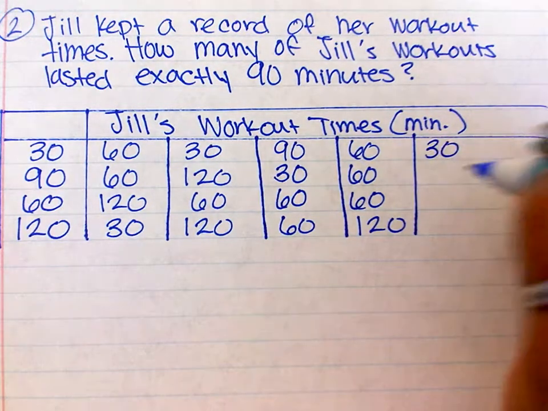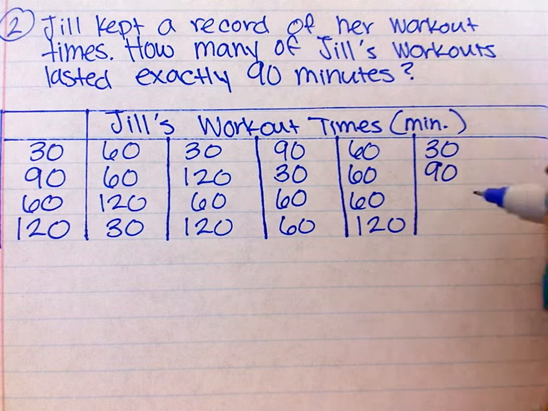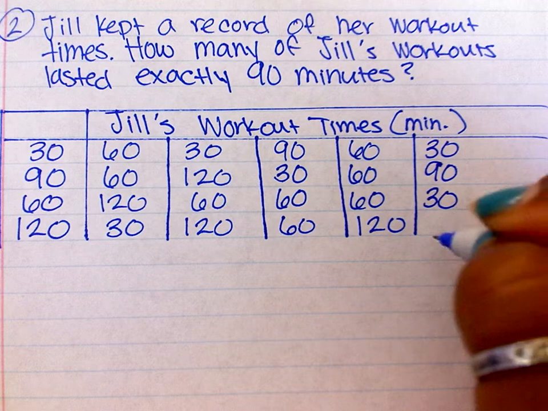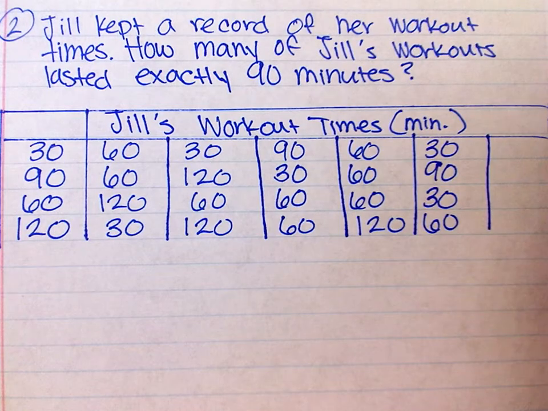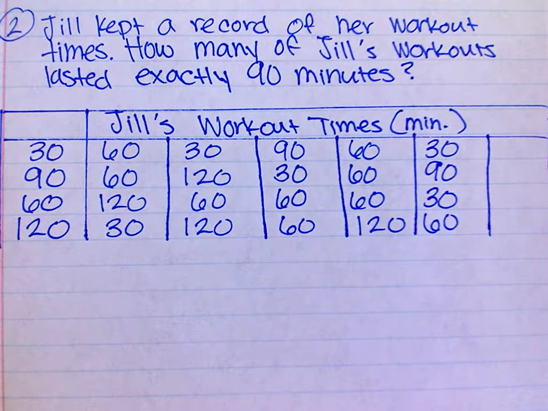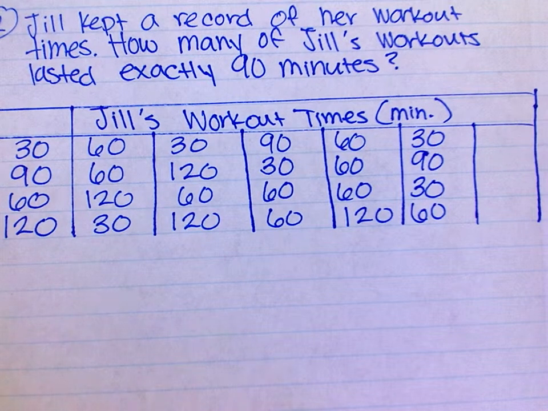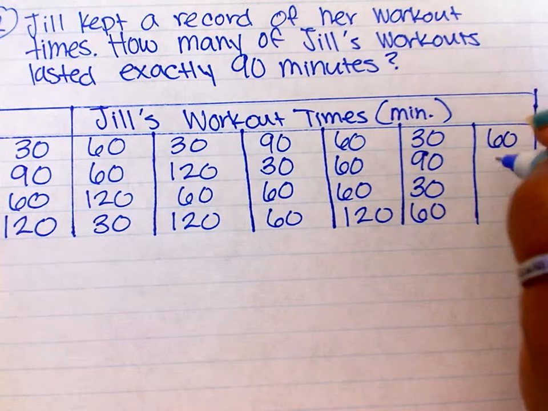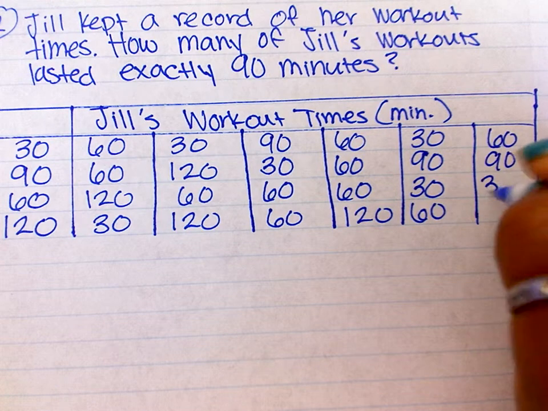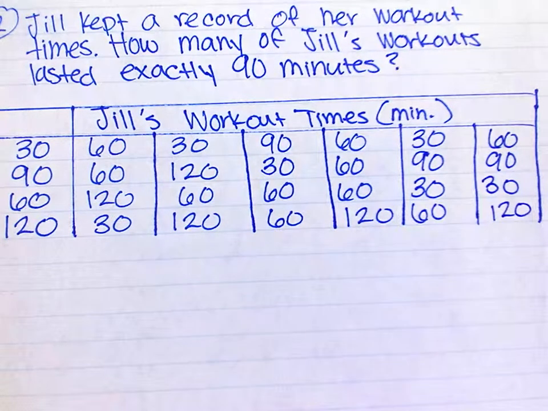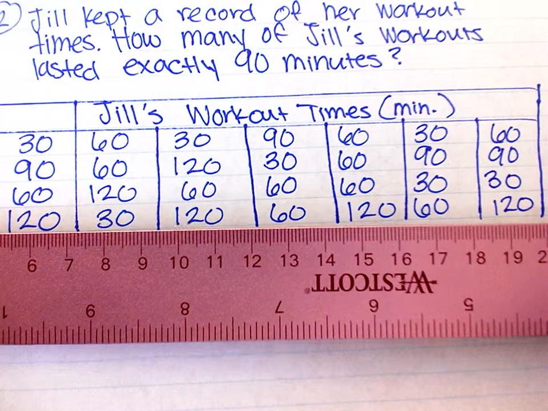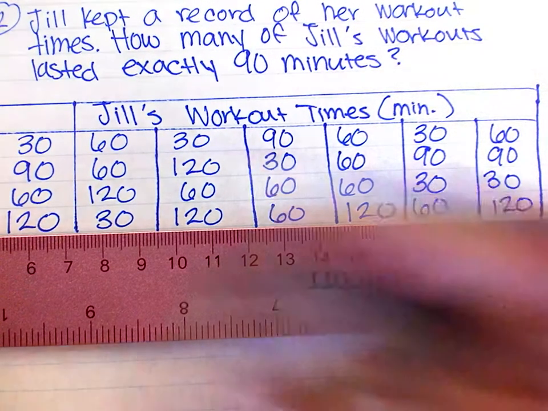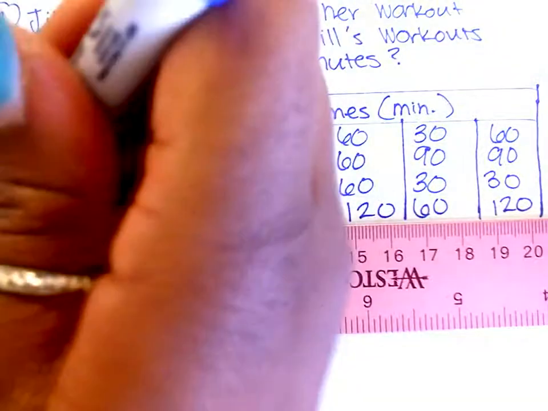Almost there. 30, 90, 30, and 60. Oh, we're on the last one. Last column, 60, 90, 30, and 120. So again, this graph will be done for you. We just had to do it in our notes.